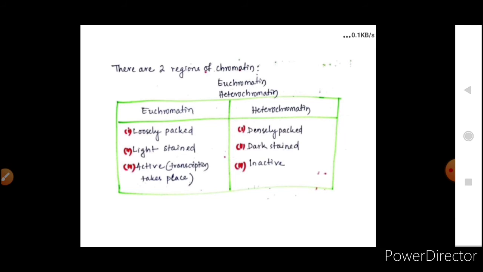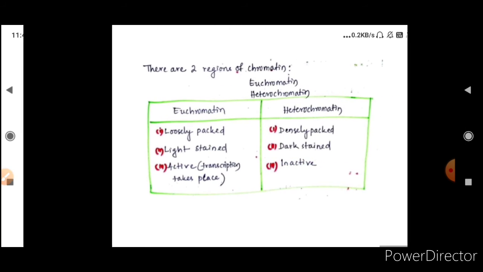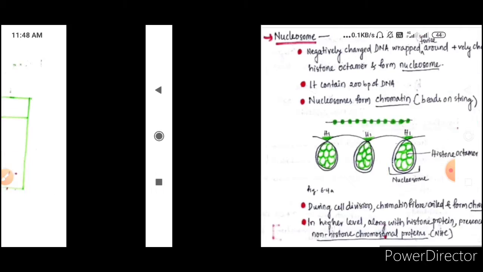Okay, so the euchromatin is loosely packed, lightly stained, active, that is transcription is taking place. Heterochromatin is densely packed, dark stained and it is inactive.